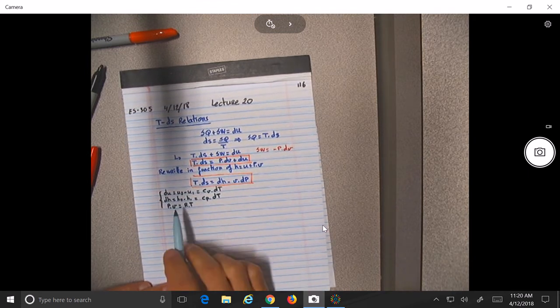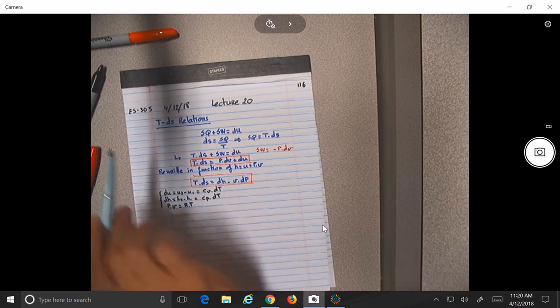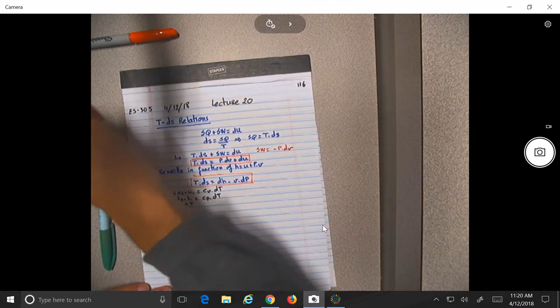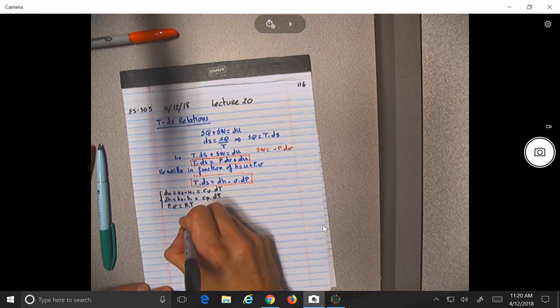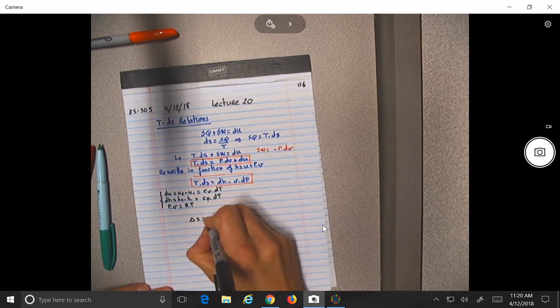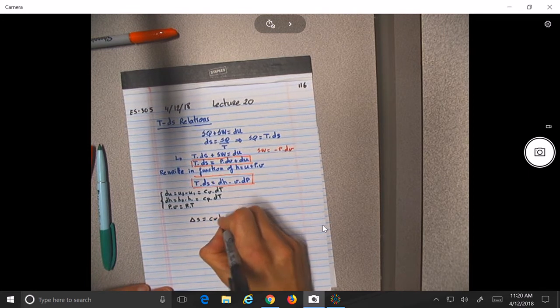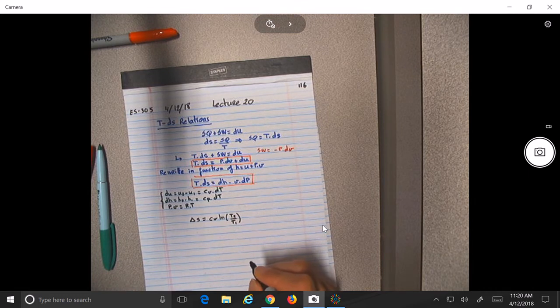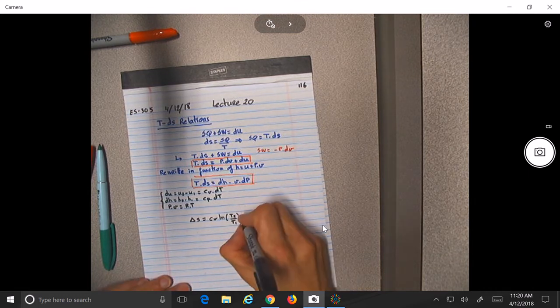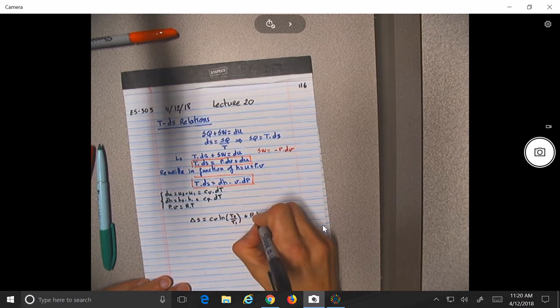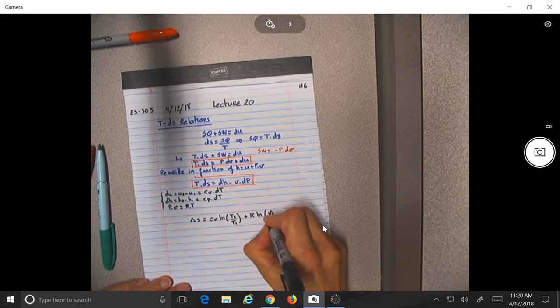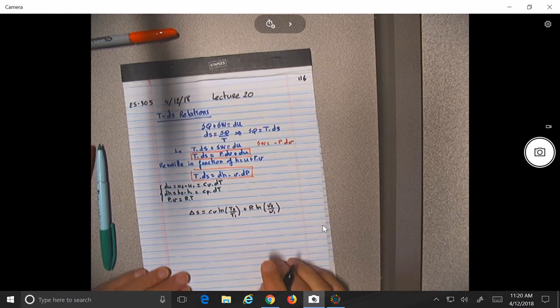So using these equations and substituting into these two equations, we ended up having the other two TdS relations. The change in entropy, one was equal to Cv log T2 over T1 plus R log V2 over V1.